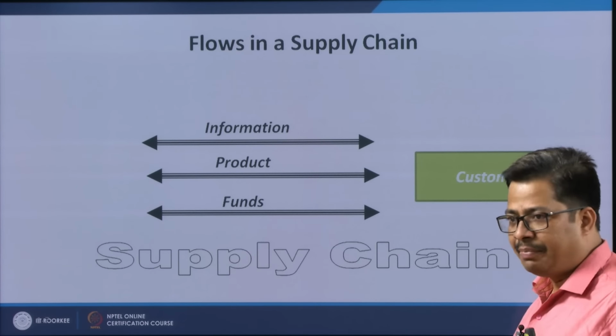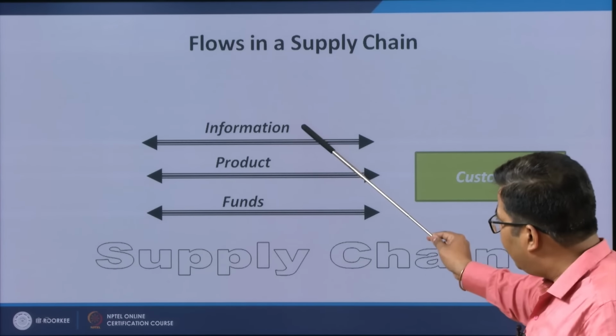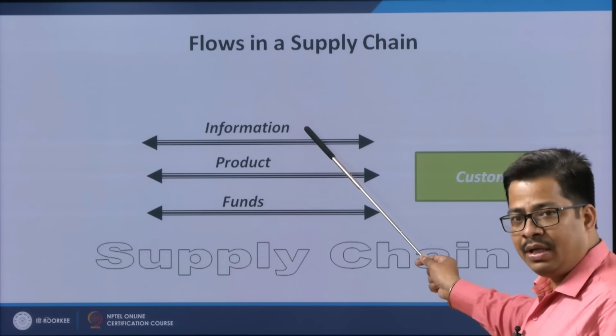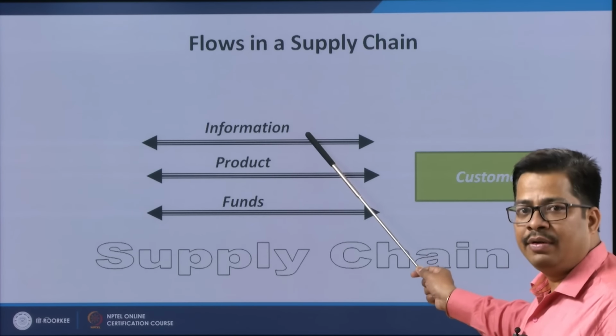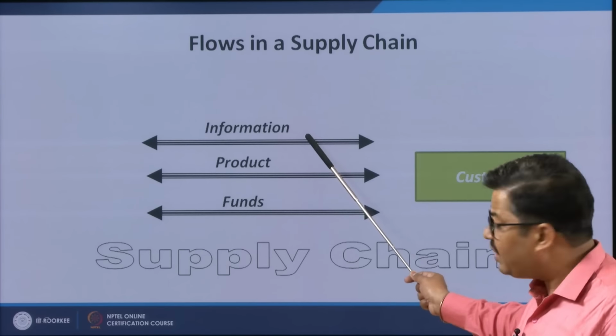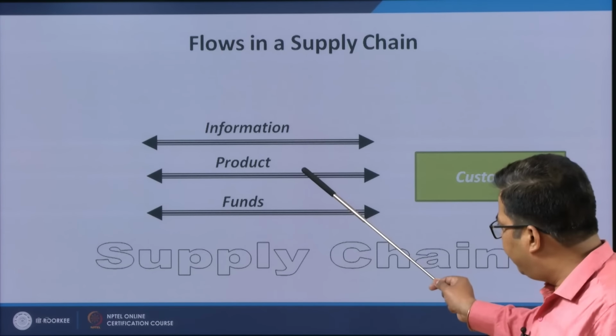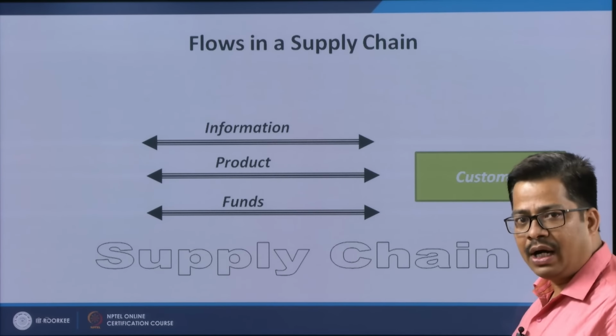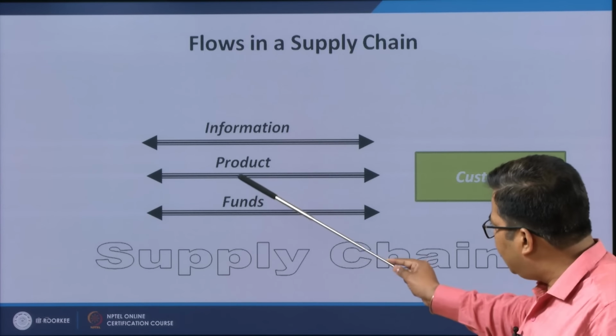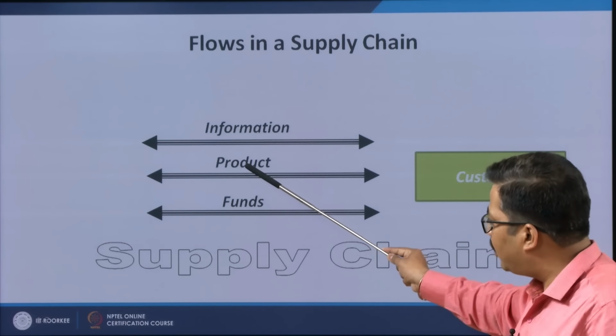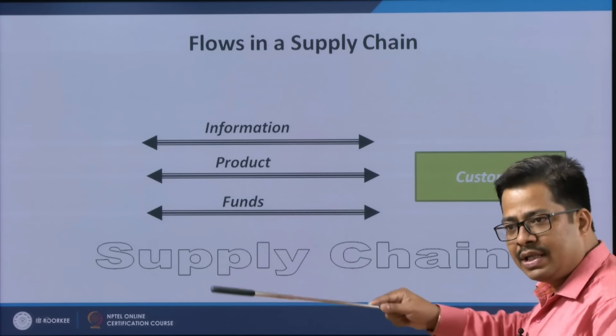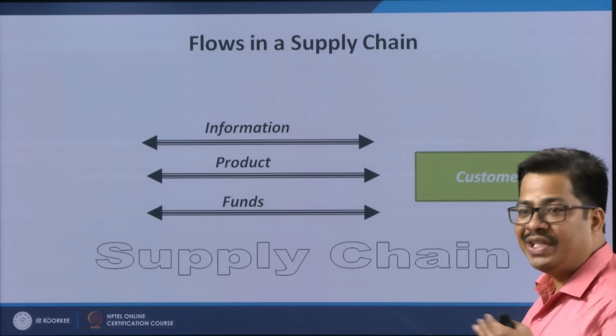But one thing is very important: flow of information is independent, while flow of product and funds are related. The direction of flow of products and funds is always opposite to each other.